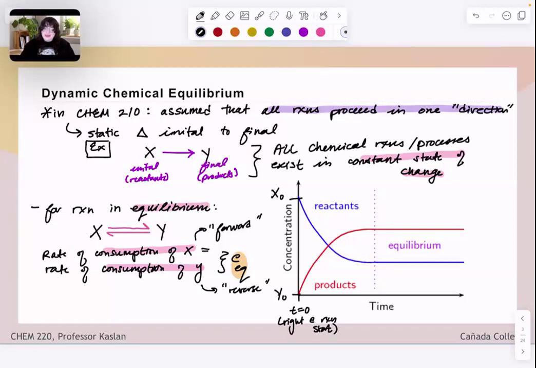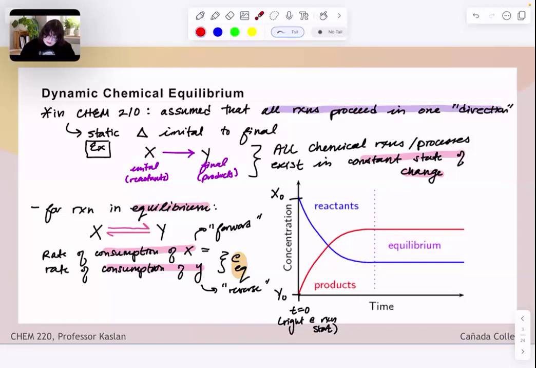So as the reaction proceeds, we see that X is consumed and the rate of consumption is pretty steep, right? I can draw a tangent here, and it's a pretty steep one. And the rate of production of product also increases pretty steeply.